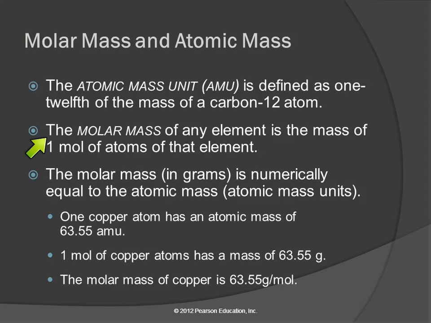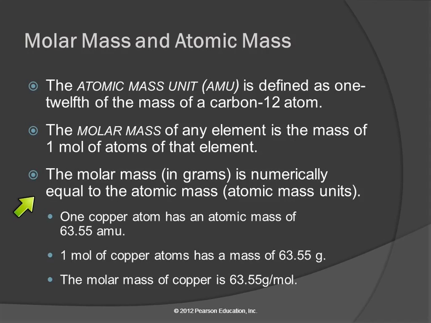The molar mass of any element is the mass of 1 mole of atoms of that element. And because of the definition of the mole being equal to the number of atoms in a 12-gram sample of carbon-12, the molar mass in grams is numerically equal to the atomic mass in atomic mass units.